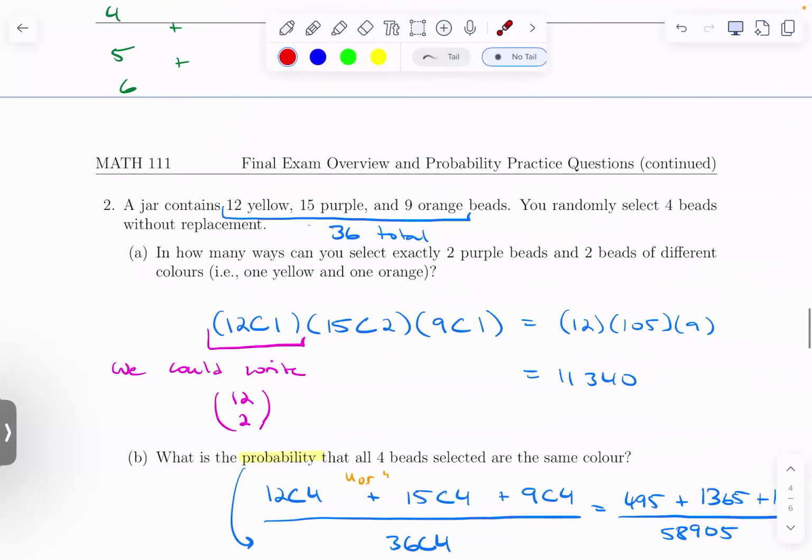Well, I only have 3 different colors, so that means I need at least one of each. And my other options include another yellow or another purple or another orange. I was going to say another 9. Another orange. It's late.